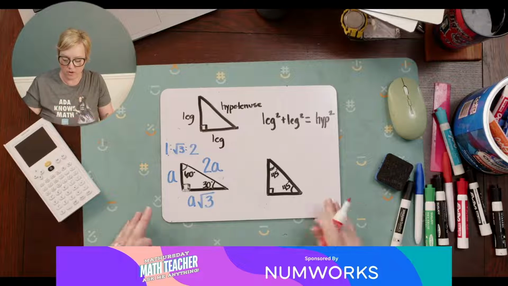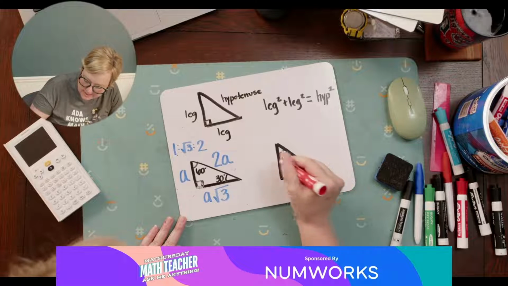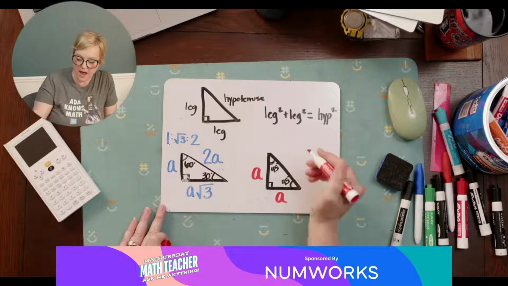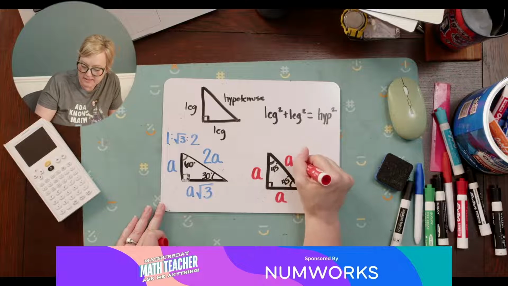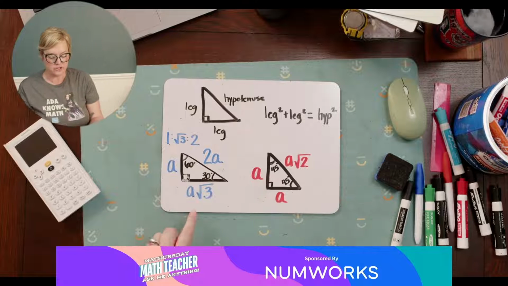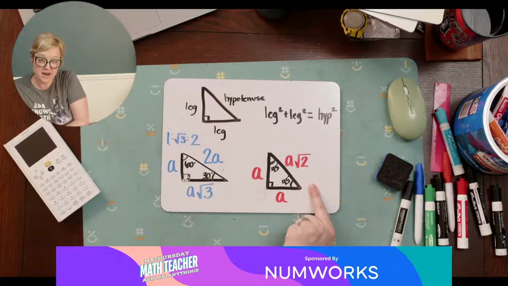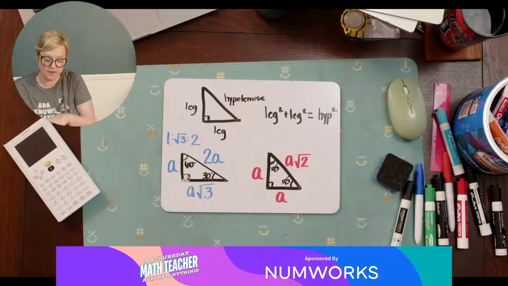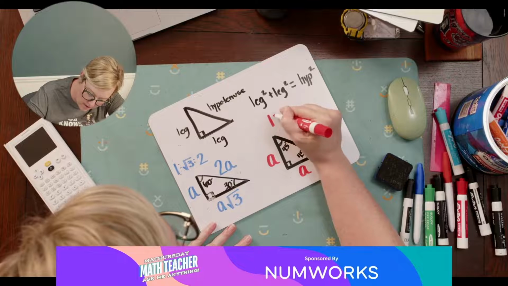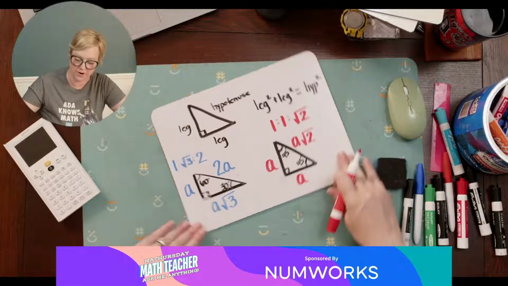So here, we're going to set these both as A. And then the hypotenuse is A times the root of 2. So the 30, 60, 90 is the root of 3, and 45, 45, 90 is A root 2. So these exist in a 1 to root 2 ratio.